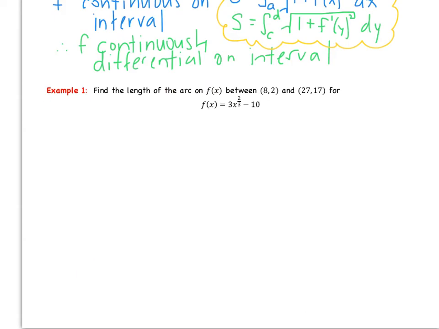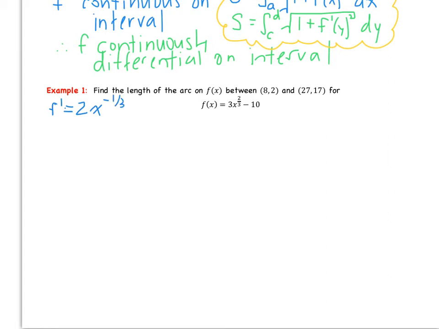Now we're going to get into this first example. Let's find the length of the arc on f of x between the points 8, 2 and 27, 17, for the graph f of x equals 3x to the 2/3 minus 10. The first thing we need to do is find the derivative. So f prime is going to equal 2x to the negative 1/3.